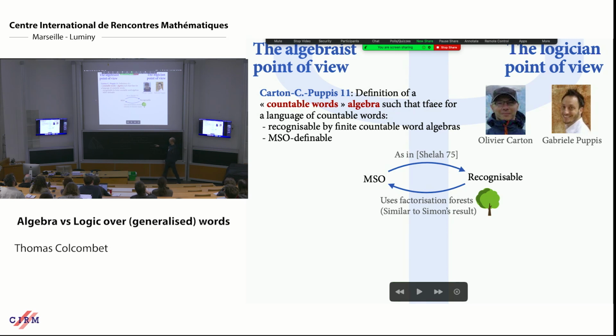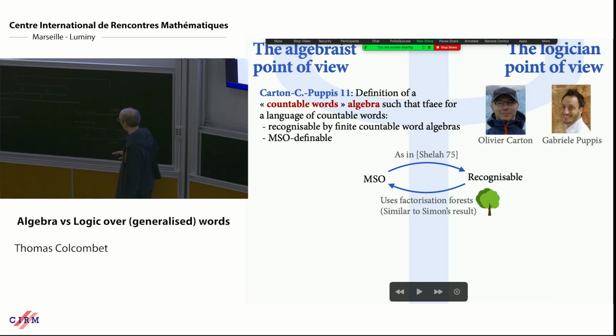In fact, your formula will guess a decomposition of the input word that would be a witness that it should be evaluated in some way, and then it's checking that it is consistent. And this point of view was absolutely not available without the algebra perspective. So that's where the two things work very nicely together.